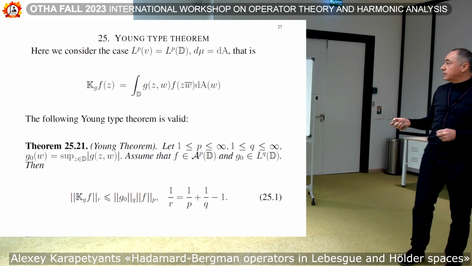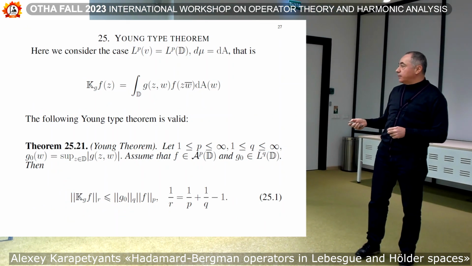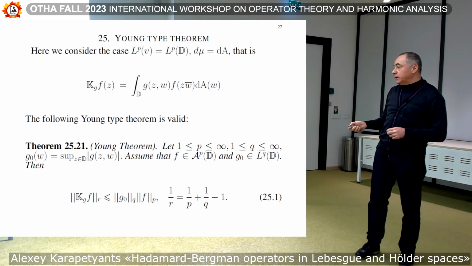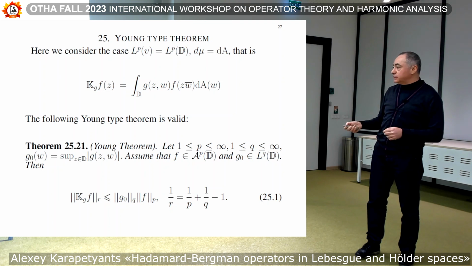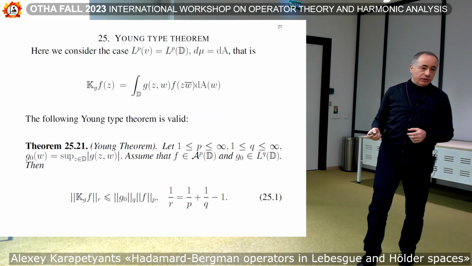Actually, again, when instead of an arbitrary Radon measure you take just Lebesgue measure, and you study in unweighted space, then we can prove a better result, the so-called Young's theorem, not only L^p boundedness, but the analog of Young's theorem for the operators.